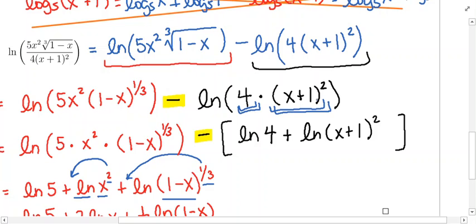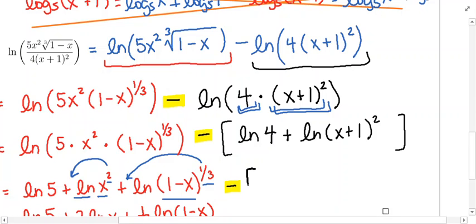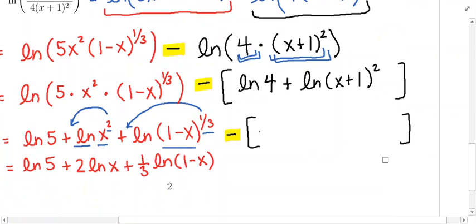Okay, all right, so now what we can do is I'm going to bring down my yellow minus sign. If I examine what's in brackets here, inside the black brackets, I can't do anything to the natural log of 4. It is just a number. You pop it in your calculator, you're going to get a crazy decimal. Just leave it as the natural log of 4.